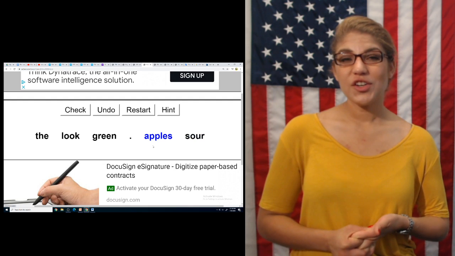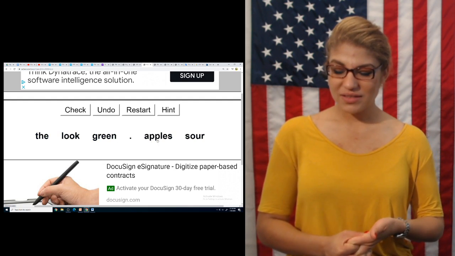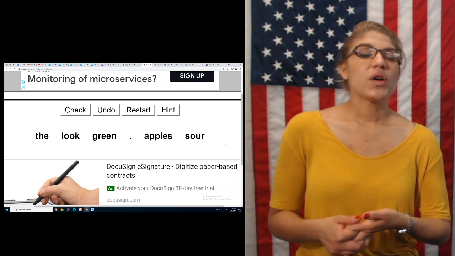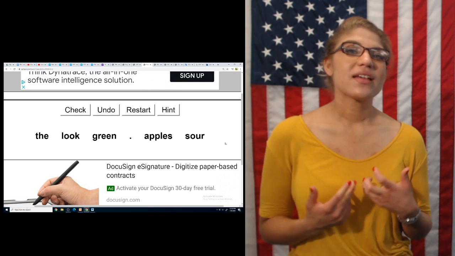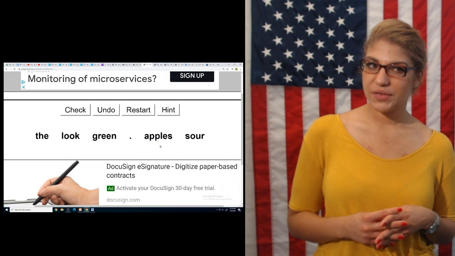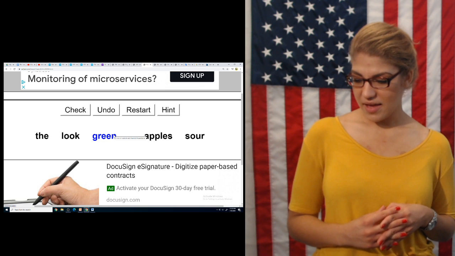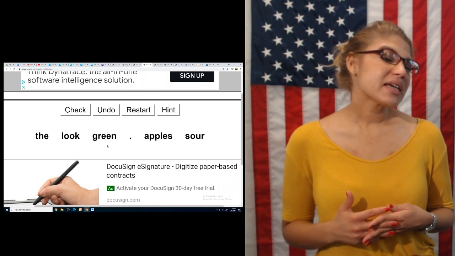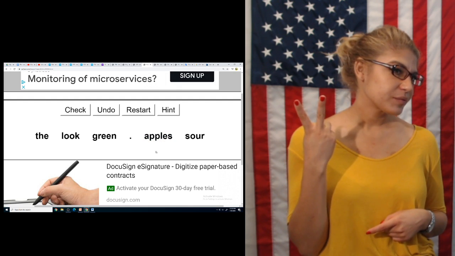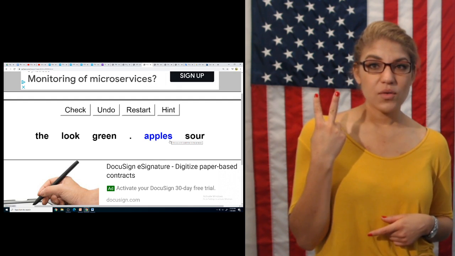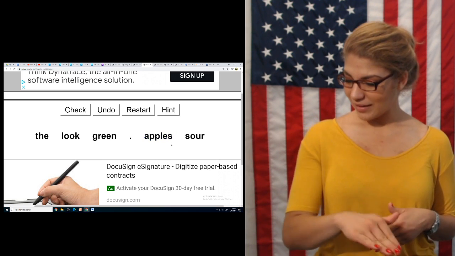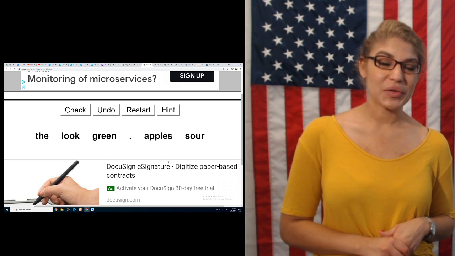We are talking about the apples. The apples are what color? They are green. And is apples singular or plural? Plural. Perfect. There is an S, therefore it is plural.